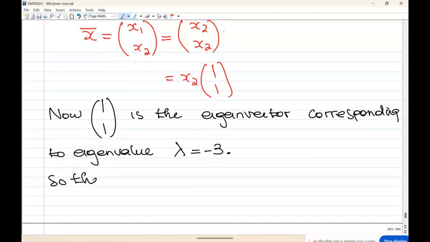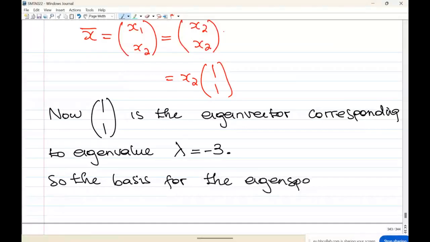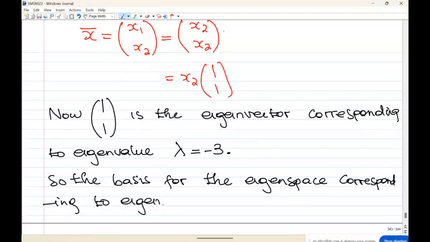So the basis for the eigenspace corresponding to the eigenvalue of lambda equals to minus 3 is the set.